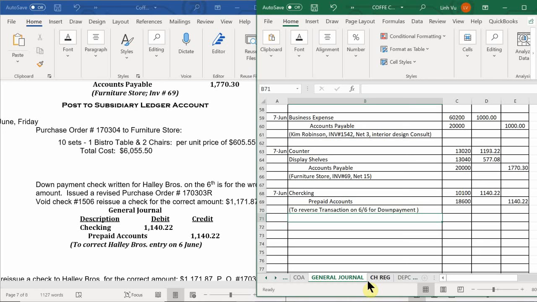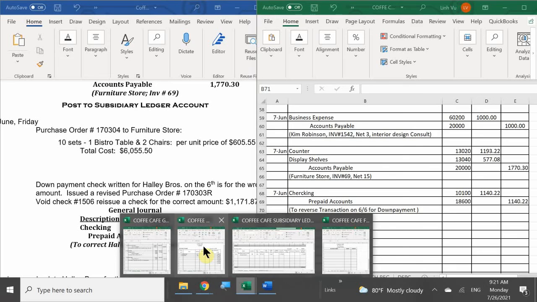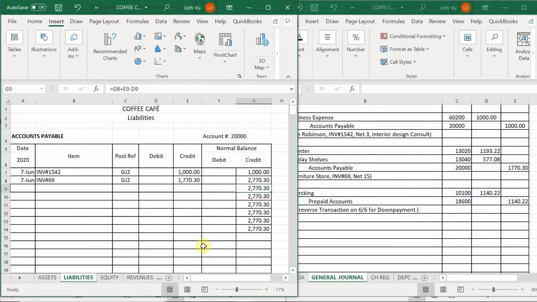So in this case, I still want you to go ahead and do your ledger first, and then we will do our subsidiary last. Okay. So let's continue and put this back into our ledger so we can undo our mistake right here.